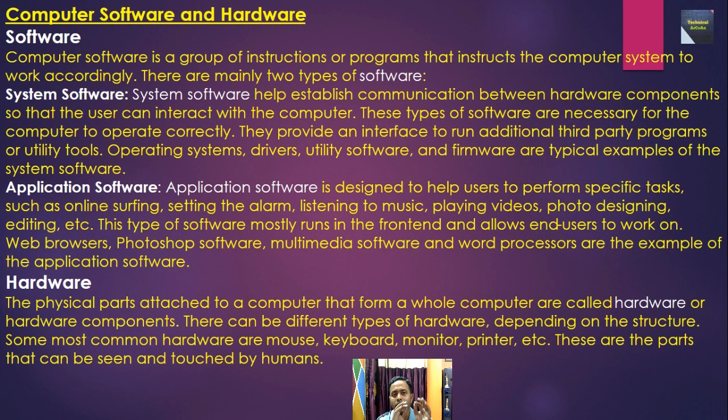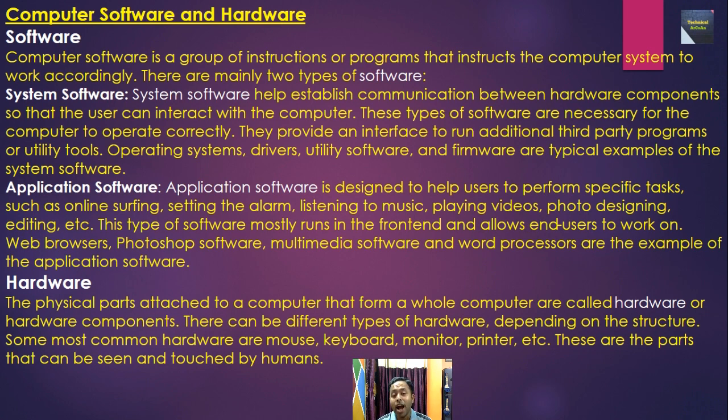And now we talk about the very important part, which is computer software and hardware. Software is actually coding. Computer software is written in some language, some instructions, a series of code, and this code does some job and performs accordingly. So software is code, we can feel it, but we never touch it.